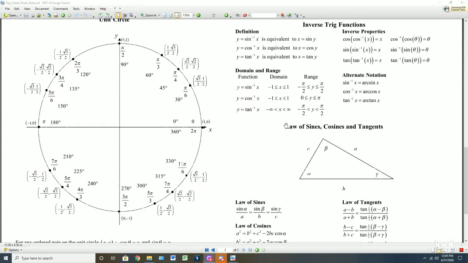Let me give you a hint, right? That's pretty much when they're both the same numbers. So when are they both the same numbers? At pi over 4. And where else? Well, these aren't, because they're opposite sign. That gives you negative 1, we want positive 1. So the other one is right here, 5 pi over 4.